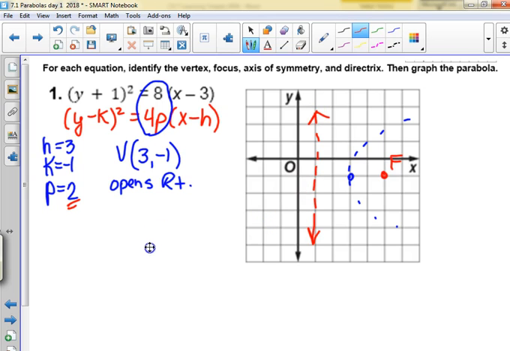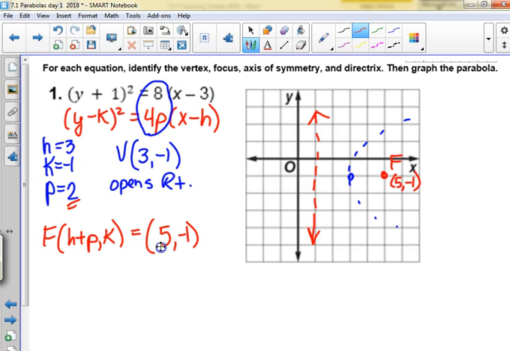Now, let's use the formulas so that everybody's comfortable they could do it. It says for the focus, (h plus p, k). So what would that mean? 5, when I put in 3 plus 2, comma, -1. Is that where we found it? Yes, 1, 2, 3, 4, 5, -1 is right here.